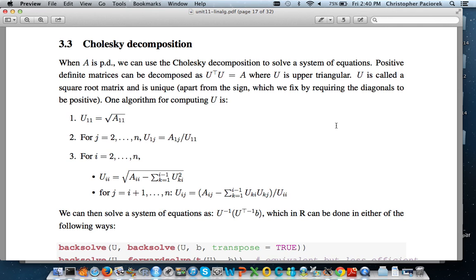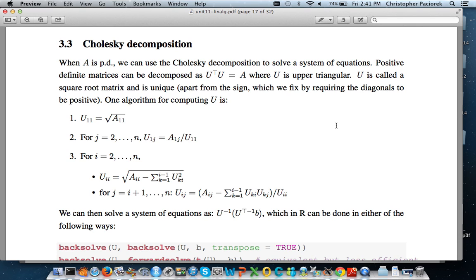So if you do have a positive definite matrix, then you can solve a system of equations with that matrix more quickly by doing the Cholesky decomposition than by doing the LU decomposition, because it's only half as expensive to get to the triangular factor, and then you can do back solves and forward solves to solve the system of equations.